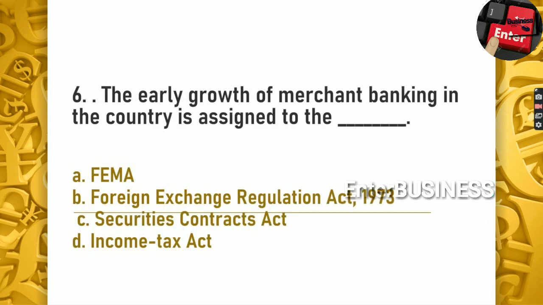Next one is, the early growth of merchant banking in the country is assigned to what? Option A FEMA, option B Foreign Exchange Regulation Act 1973, option C Securities Contract Act, option D Income Tax Act. The correct answer is option B, Foreign Exchange Regulation Act 1973.